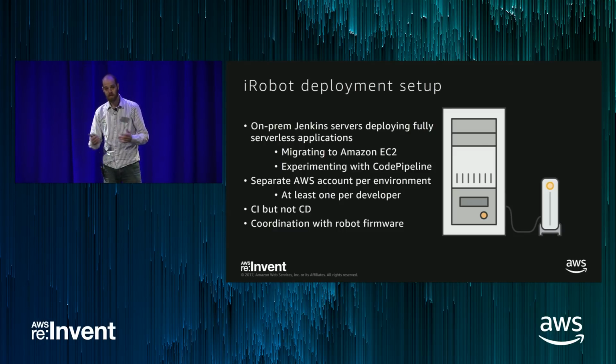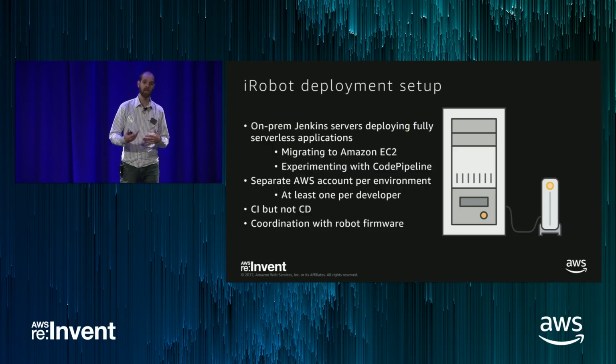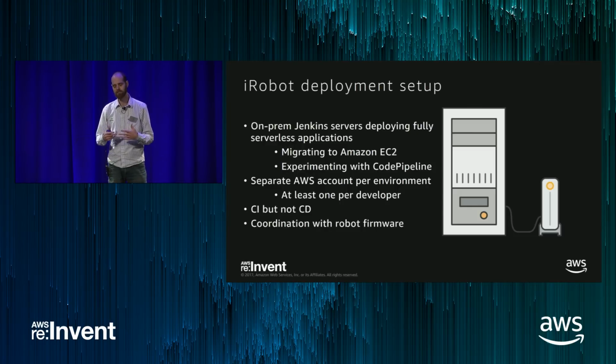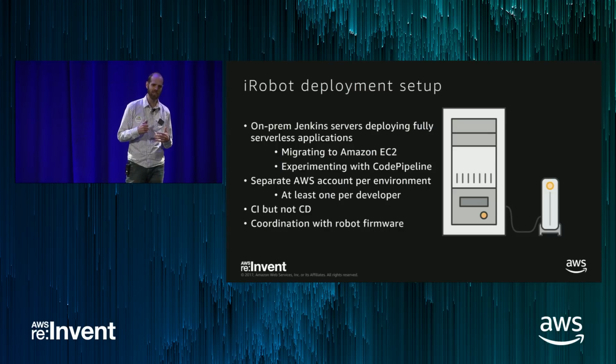We do CI. We don't do really continuous deployment and definitely not continuous delivery. One of the reasons for that is, we're an IoT company. We have to coordinate with robot firmware releases. Imagine if you had a web app and you had browsers that just would never refresh their cache.